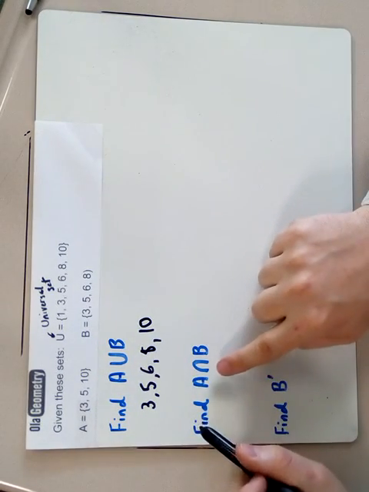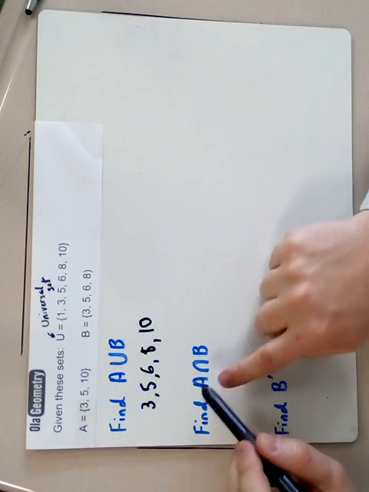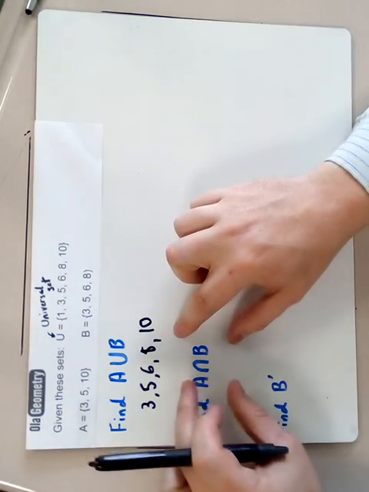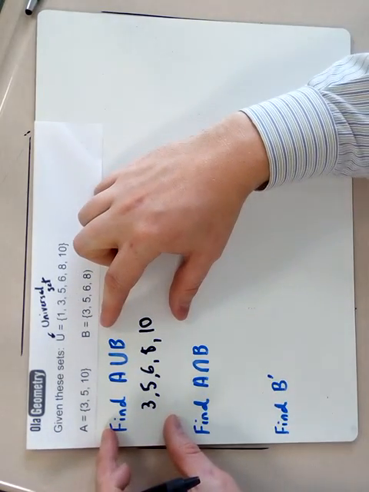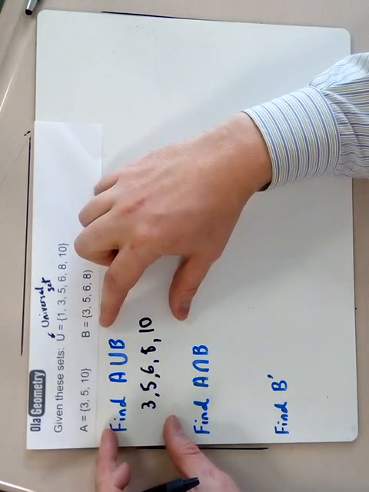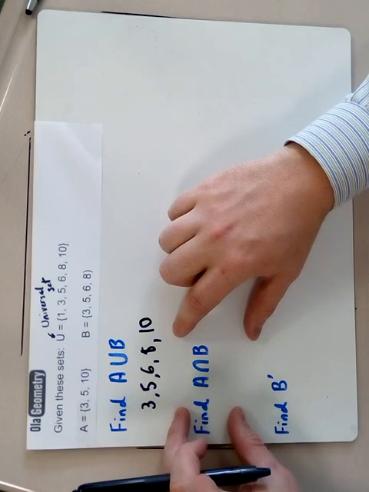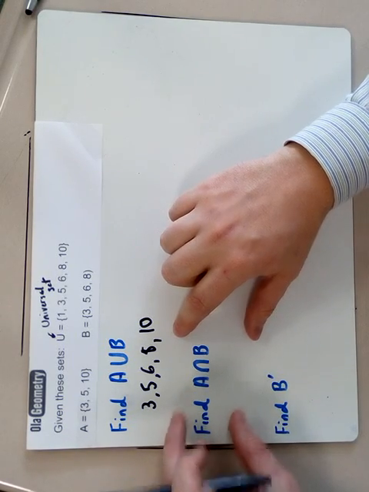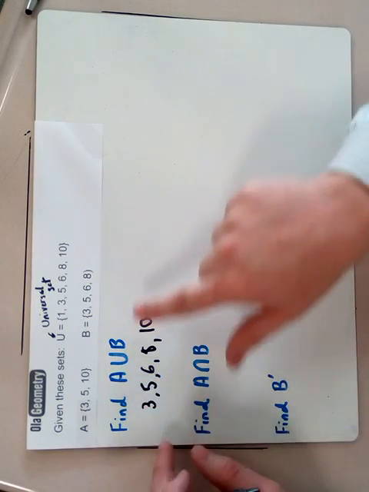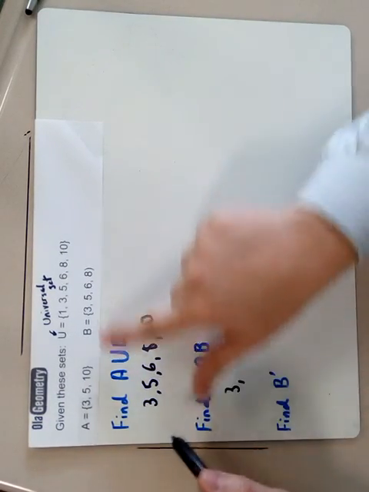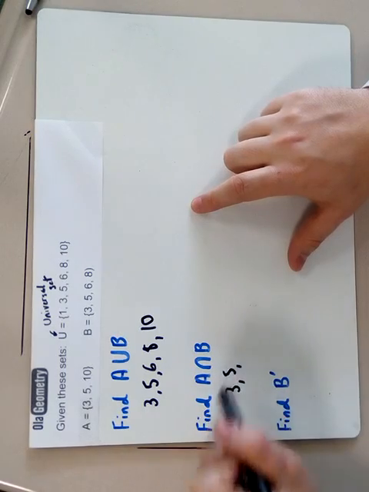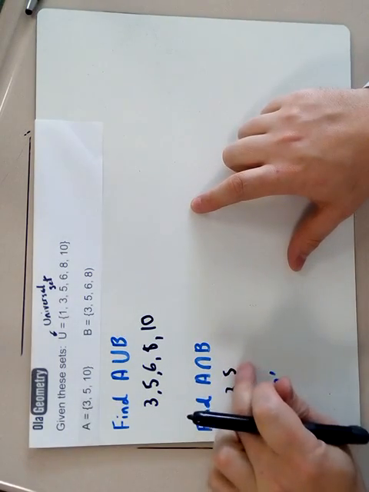This is find A intersect B, or find A and B. This is what they both have in common. So this one is everything that's in both sets, and this one is what they both have in common. So let's see, they both have 3, they both have 5, and that's it.